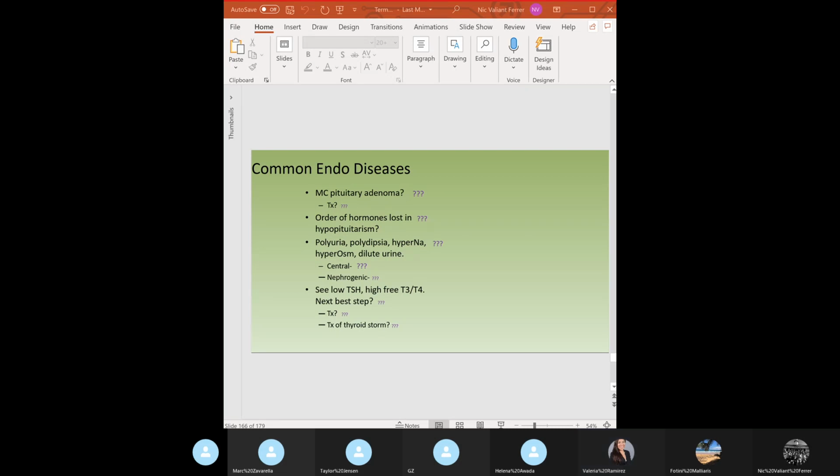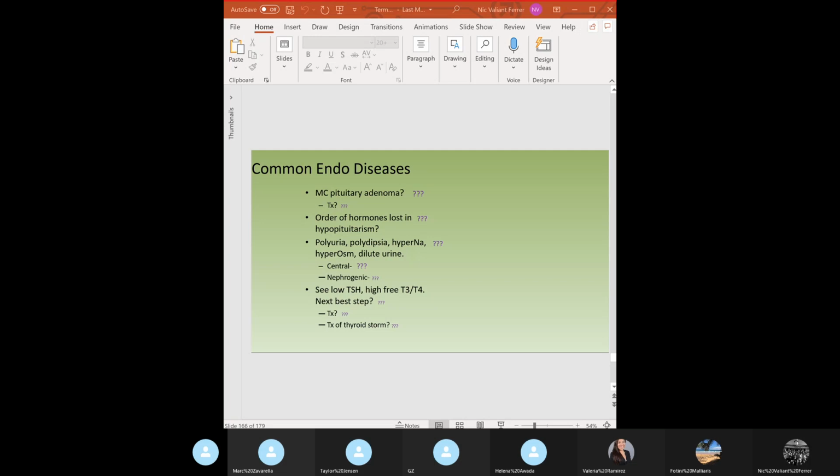So if you have hypopituitarism, which hormones are lost first? I know this is kind of like a trivia question. Okay, these are the hormones that are lost. First, you lose FSH and LH. Then you lose growth hormone.